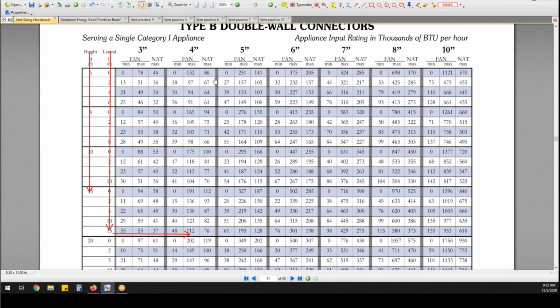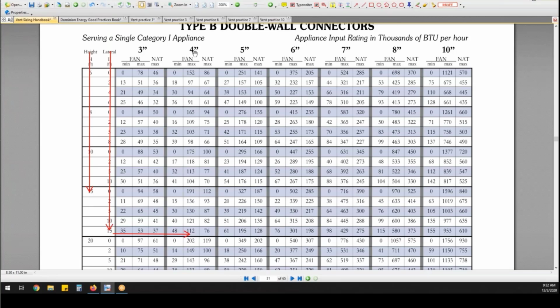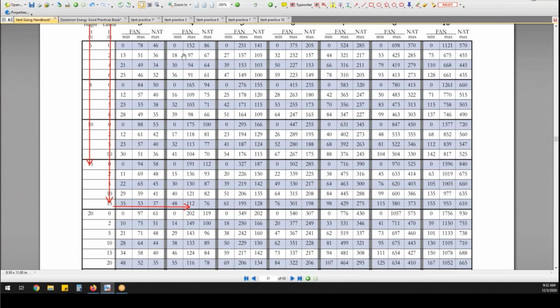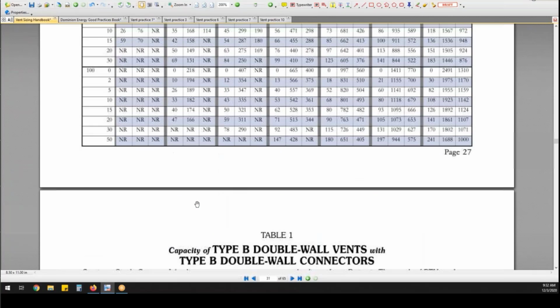When I did it with double wall connectors, aha, I could do 4-inch pipe. My entire flue system could be 4 inches because I fell within the min-max range. I have 60,000 BTUs, so I have more than enough heat for the flue to operate properly, but I'm not exceeding its maximum capacity. But I wanted to save money and try to do it with single wall connectors.